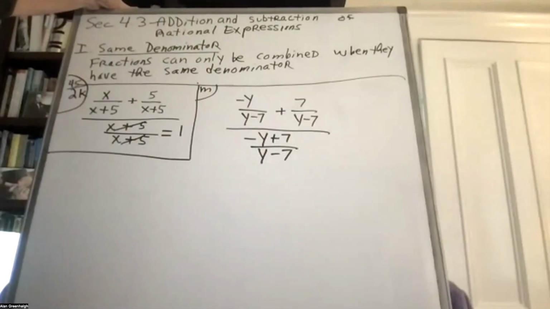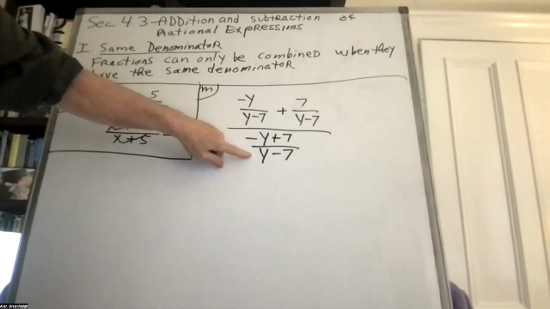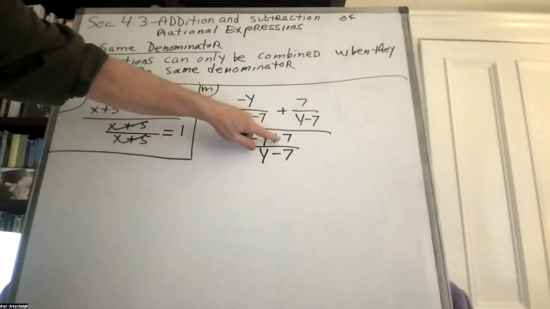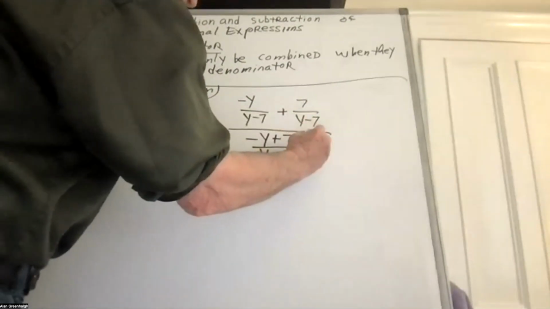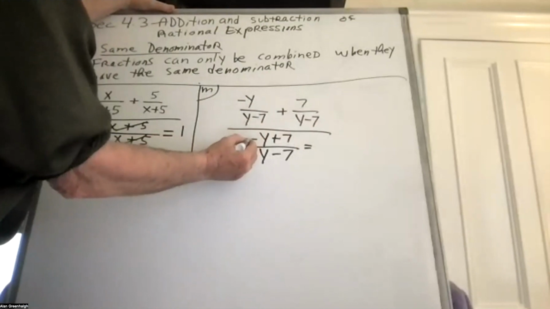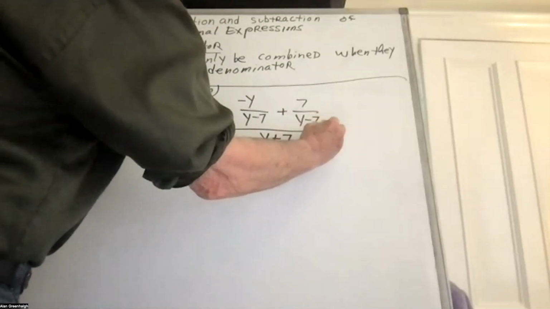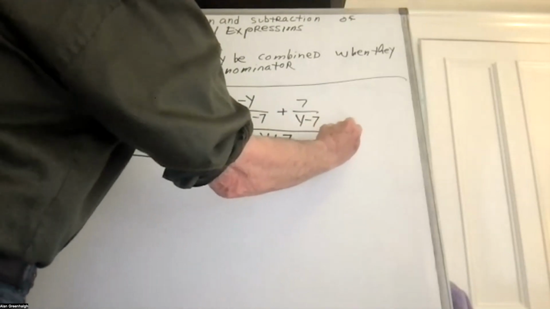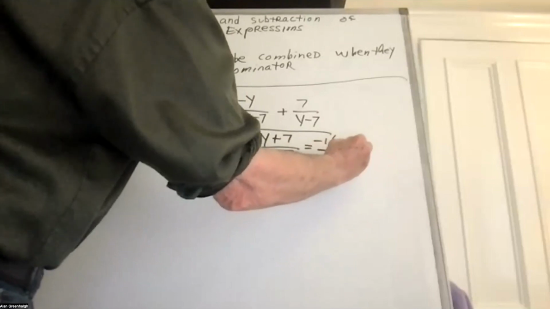Aha! We're back to where we were a little while ago during the class, and that is this type of expression, where the y's have different signs, the 7's have different signs. So you can do this problem by factoring out the negative 1 from here, and this becomes y minus 7 over y minus 7.